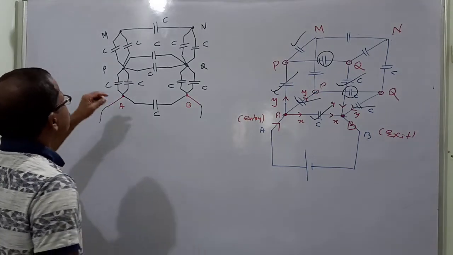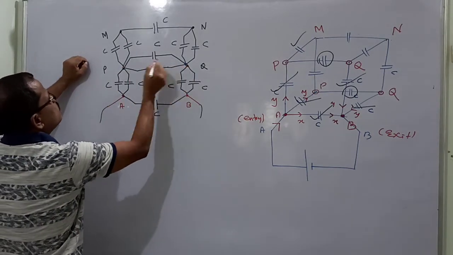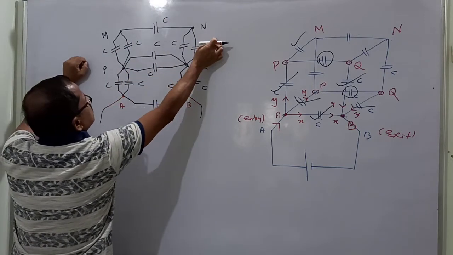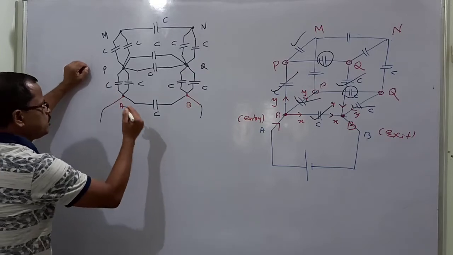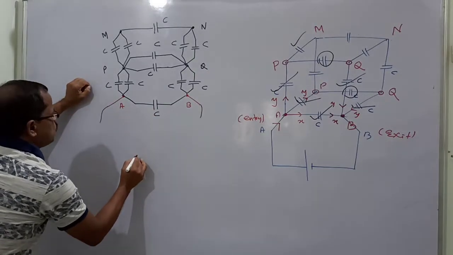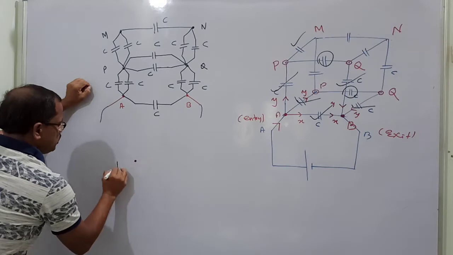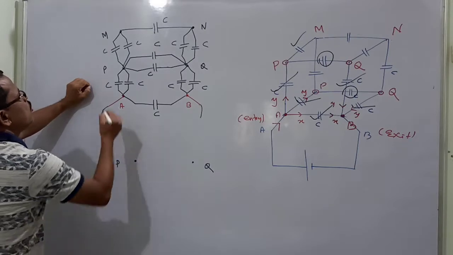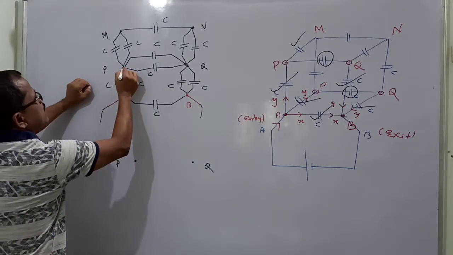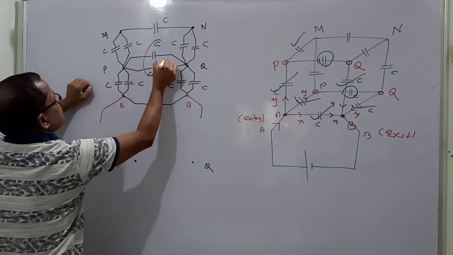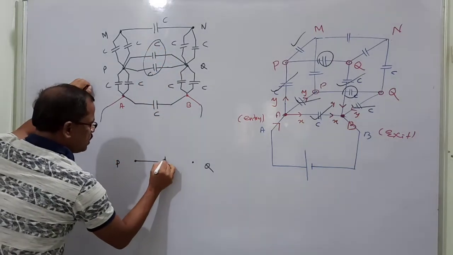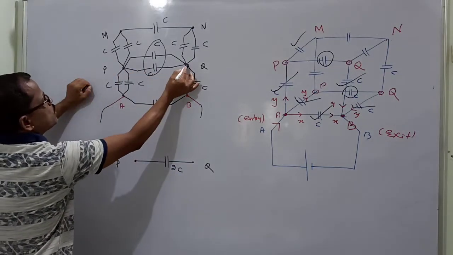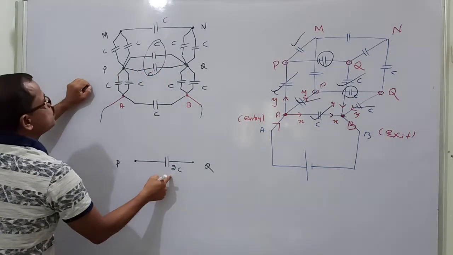How? Look. Between the points P and Q, these two are parallel, each C. Now let us come down step by step. Please follow, this is the point P and this is the point Q. From P to Q these two C are parallel, so that is 2C.